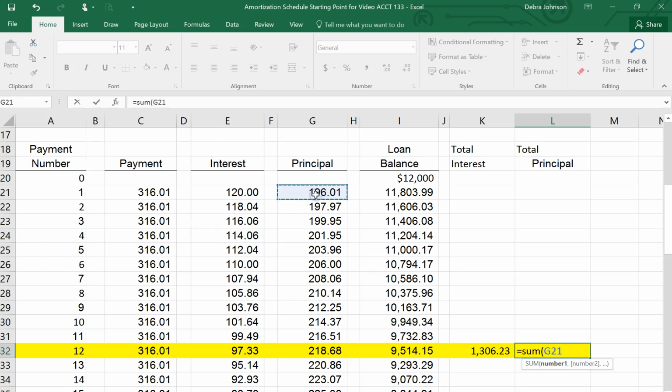I may have said year before, it's actually months. And you'll do that for all 4 years. Let me take a minute and put those items in so I can show you what happens at the end.